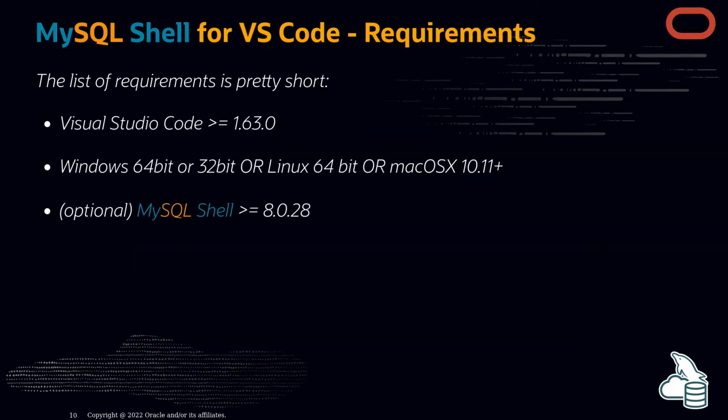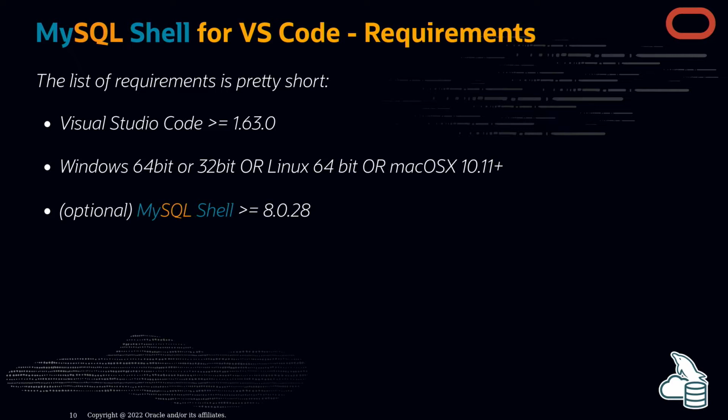The list of requirements to install MySQL Shell for Visual Studio Code is very short. Of course, you need to have Visual Studio Code installed, and a recent version, at least 1.63. You can use Windows 64 or 32-bit, or Linux 64, or macOS 10.11 plus.